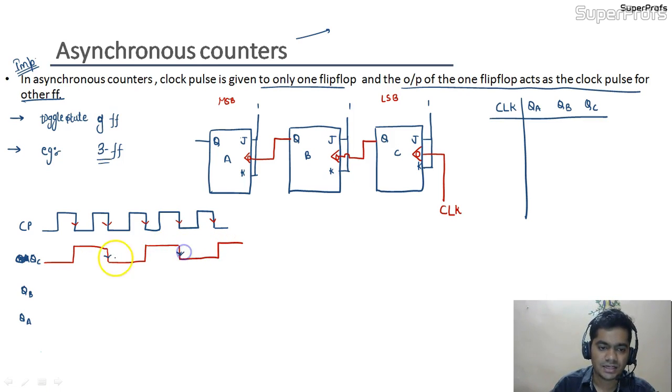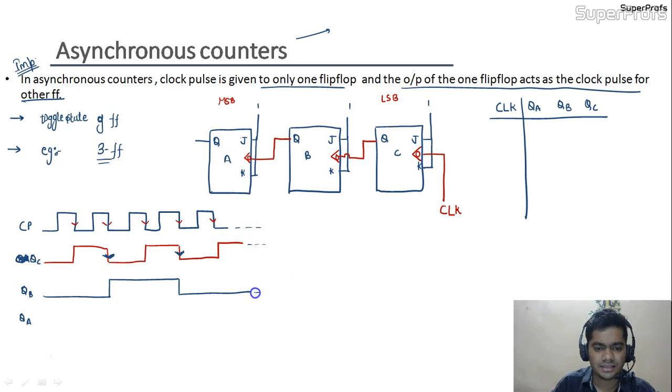So these are the falling edges available for QC, and for this QC we are able to draw QB. Suppose QB is 0, so at this falling edge it would become 1, and at this falling edge it would be toggled from 1 to 0. So this is our timing diagram for QB, and it will go on like this.